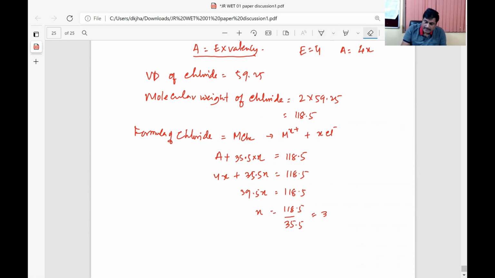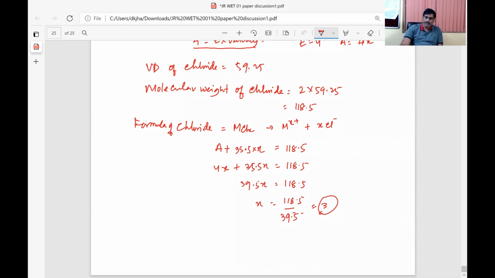Why have I written that? It is 39.5. Yes, this is 39.5. So what we are doing here, 118.5 divided by 39.5, that is 3. Yes, so x is 3. Done. Thank you.